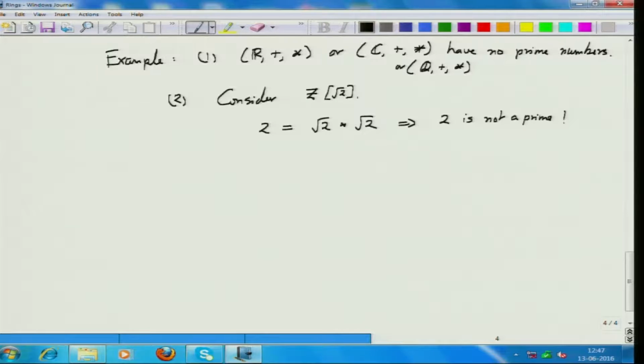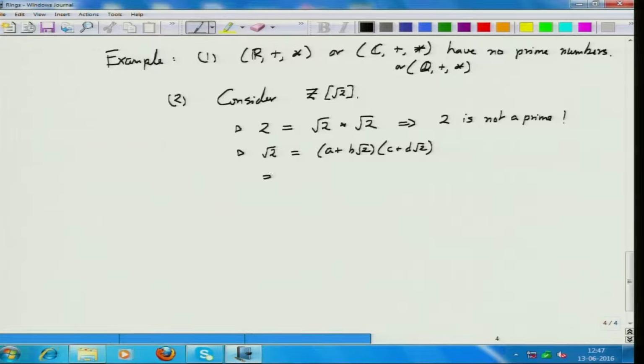Root 2 is prime. Okay, that's a good point. Is root 2 a prime? Suppose root 2 can be written as a plus b root 2 times c plus d root 2. That's a general form of two numbers. In order to show that root 2 is prime or not, we just write it in this fashion and see if we can find values of a, b, c, d satisfying it.